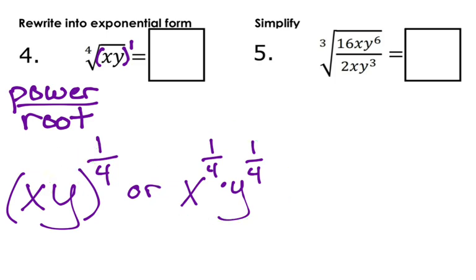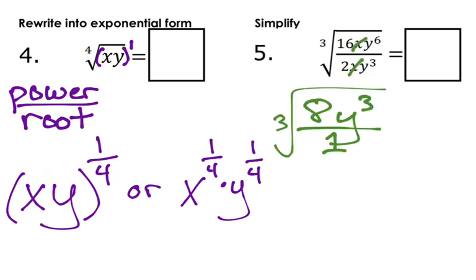Number 5. So we are simplifying, and again, you want to work from the inside out, simplifying any fractions or reducing any variables with the same base dividing rule that you see. And here we go. So 16 over 2, that's going to reduce to 8. So the 2 canceled with the 16 to give you the 8 that you see right there.